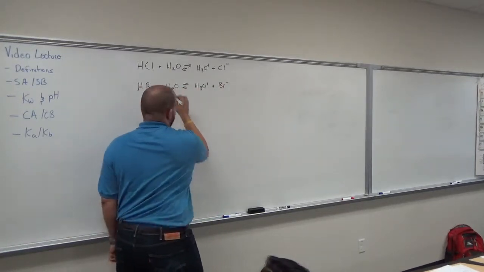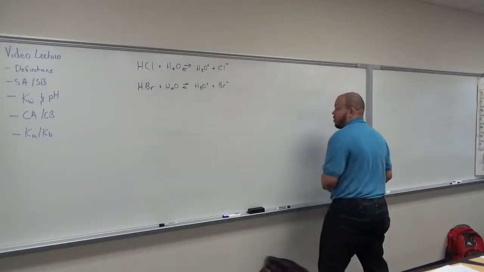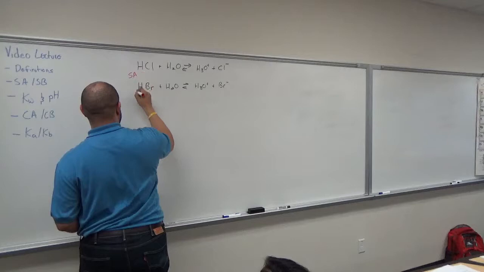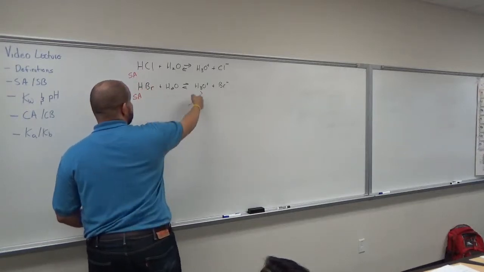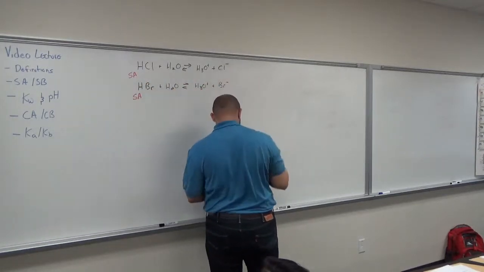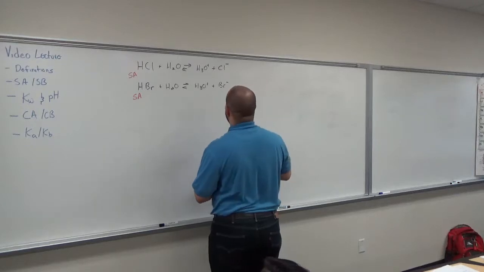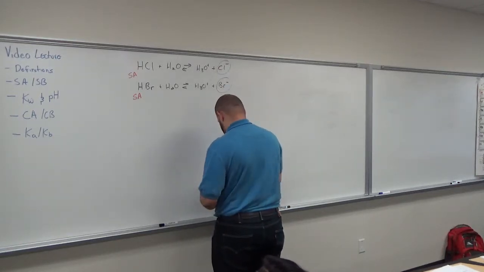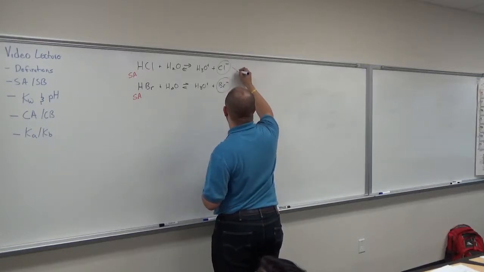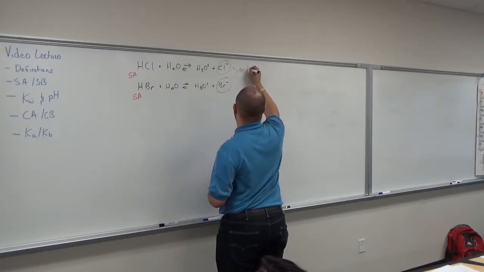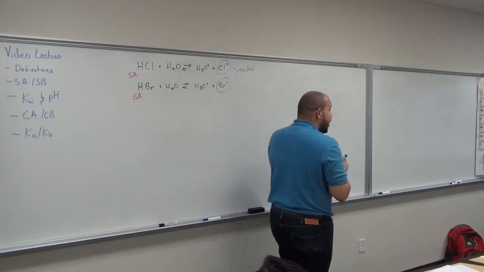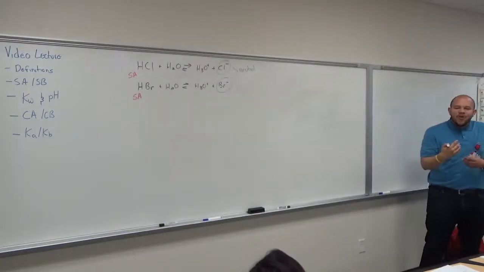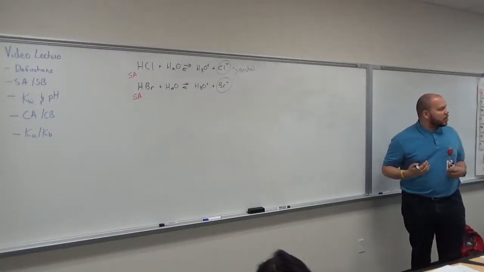Now, because each of these not only are acids, but these are strong acids, the conjugate here, chloride and bromide in solution, are both neutral.